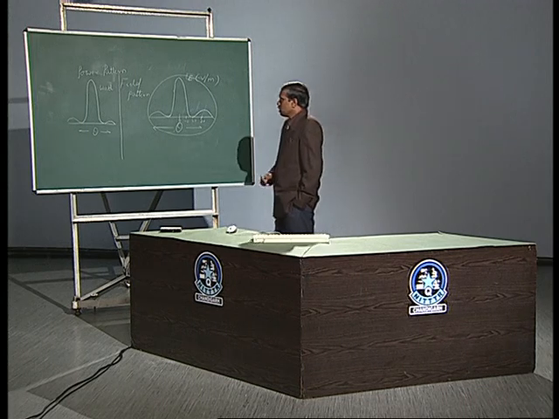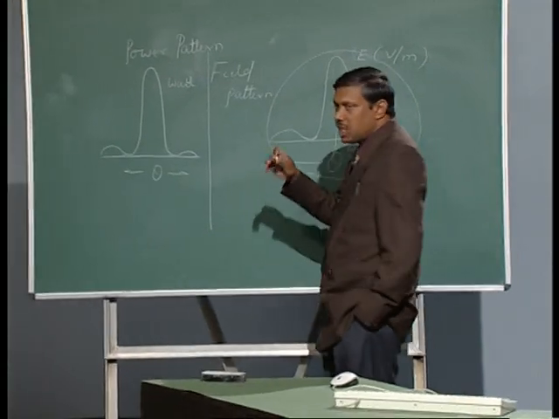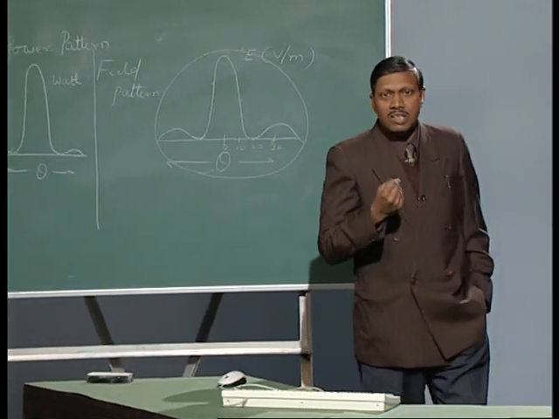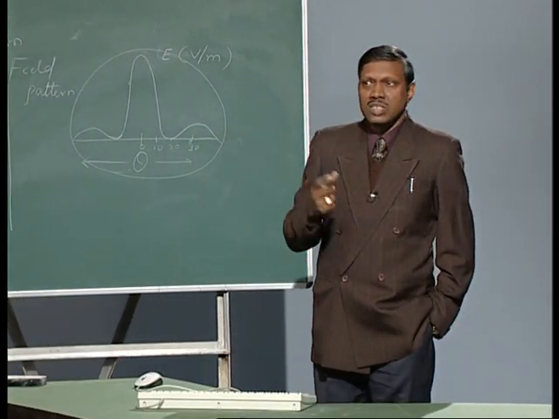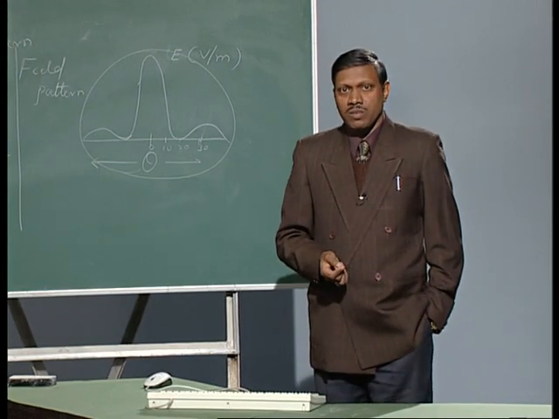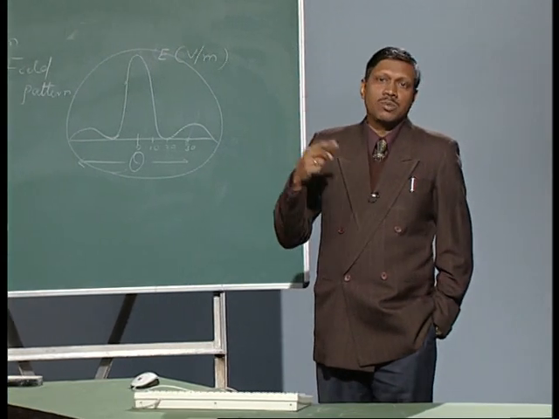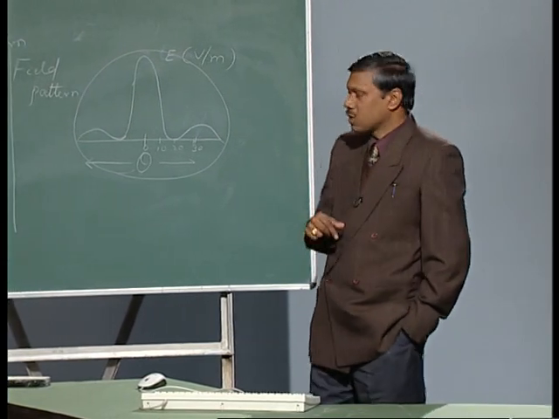So, the radiation pattern gives the pictorial or graphical distribution of the field or the power with the different 3-dimensional angles, how it is distributed in the theta plane, how it is distributed in the phi plane.